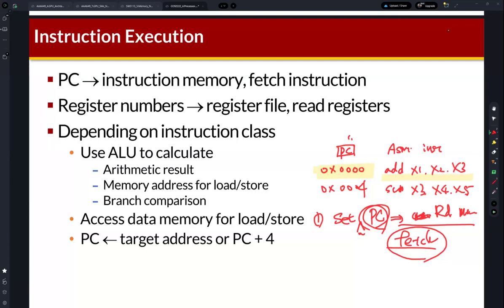This process is called instruction fetch, or fetching an instruction. So a processor can set the PC value, and then using this program counter value, the processor accesses memory to read an instruction. So the first required step is instruction fetch. Then what is required?